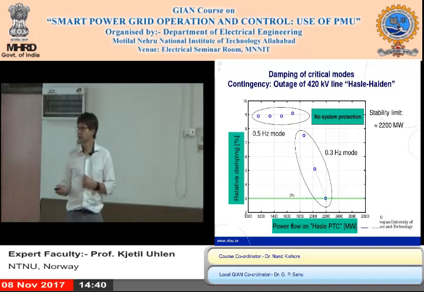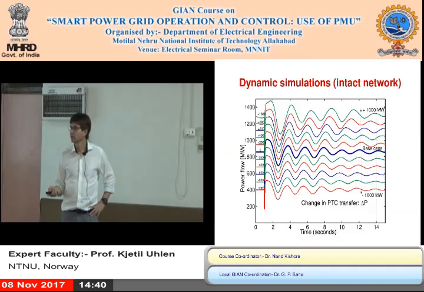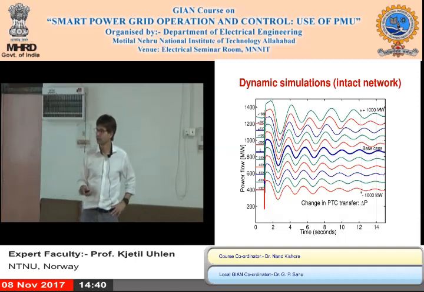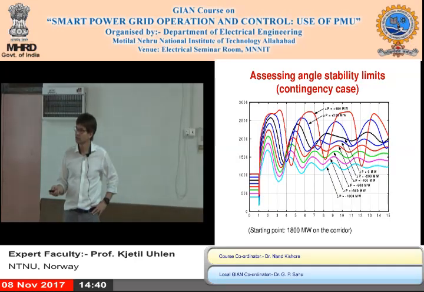You could verify that by simulation. With the intact network, it's no problem. You see the oscillations, and you can recognize the frequency. But when you do the n-1 test, then you see that when it becomes critical, in the start here, there are 2 seconds between the maximum of the power oscillations.